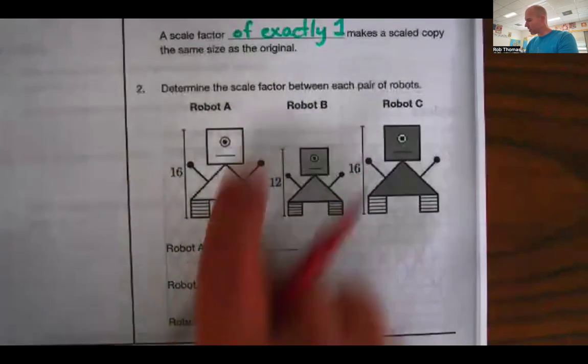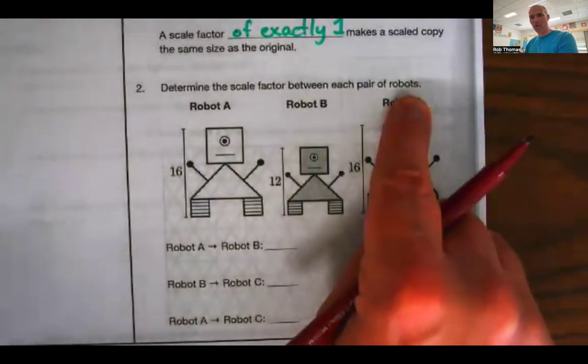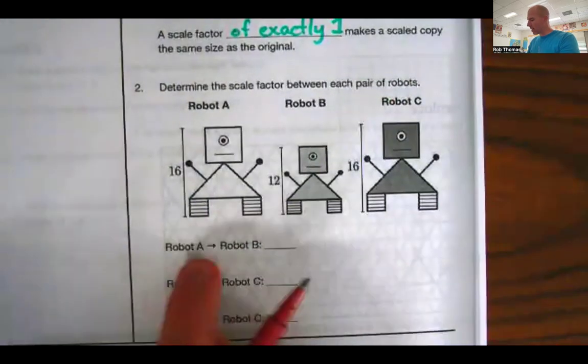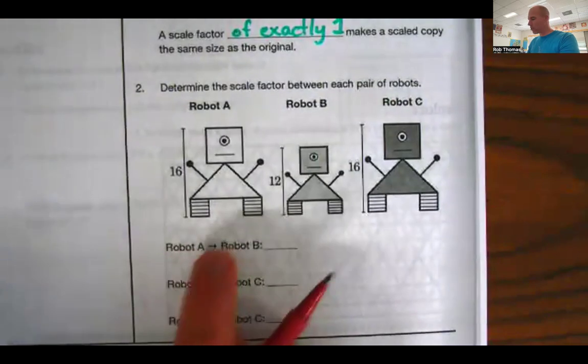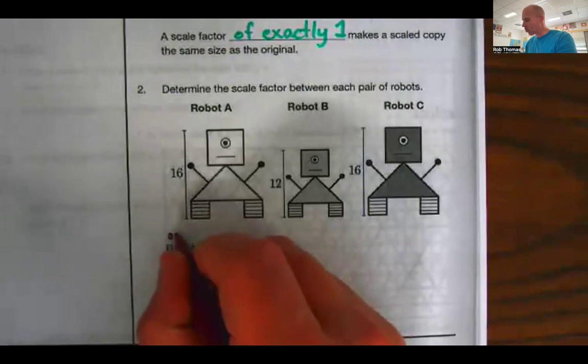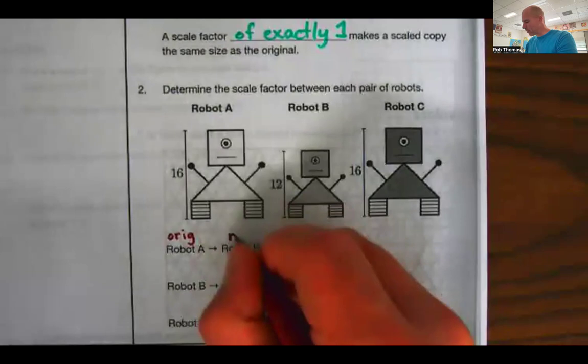And now they want us to determine the scale factor between each pair of these robots. And so for me, I think if you say robot A to robot B, you're treating robot A as the original and robot B as the new.